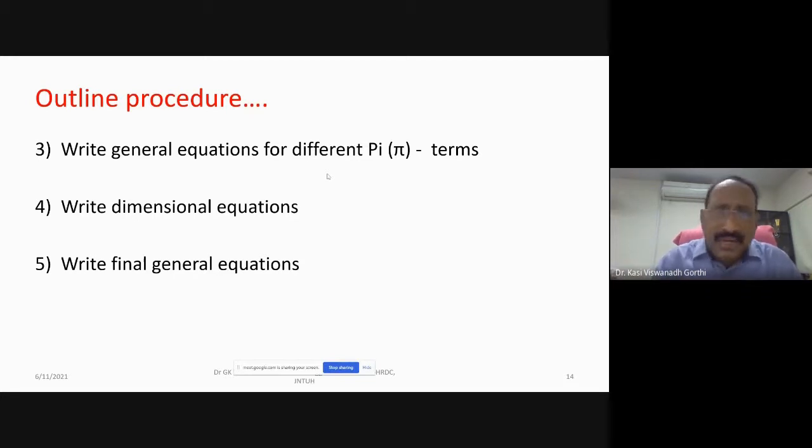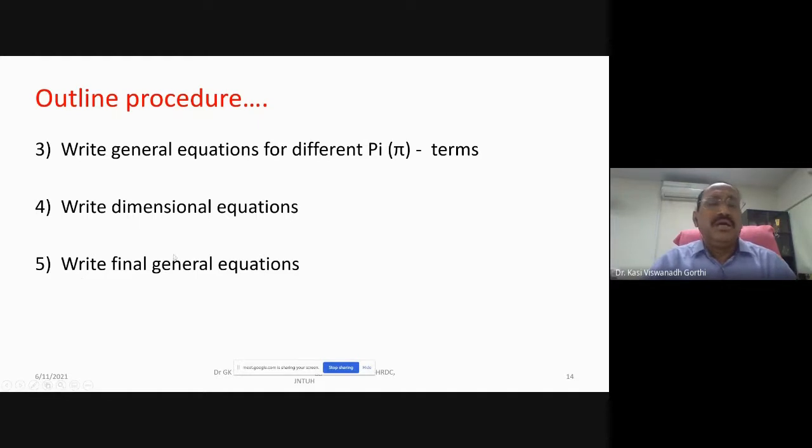Similarly pi2, pi3. Then write the dimensional equations for each of the pi terms, solve for all the pi terms, then write the final general equation. Identify the dependent variable term, take it out of the functional relationship, and identify what Q is equal to.